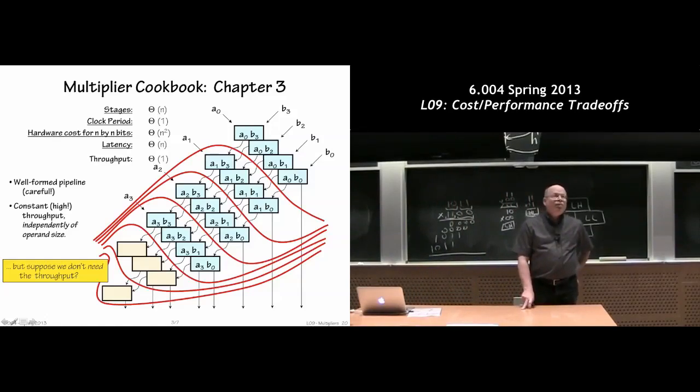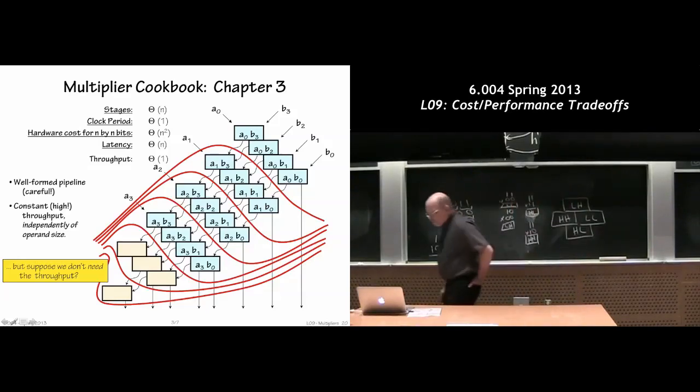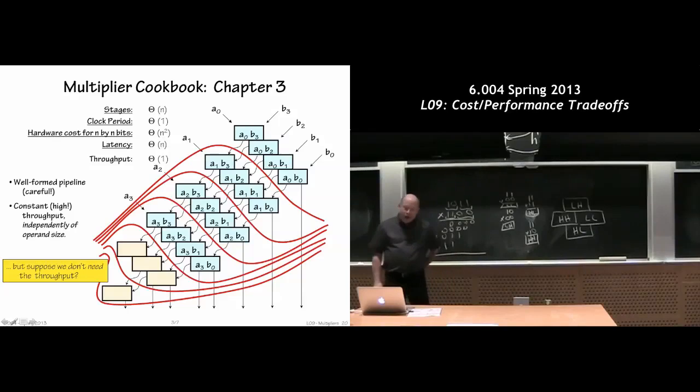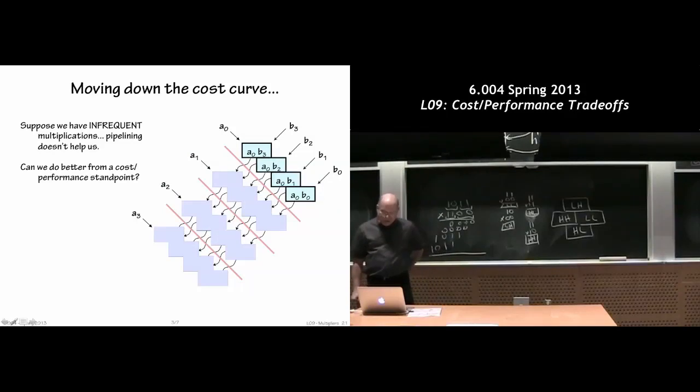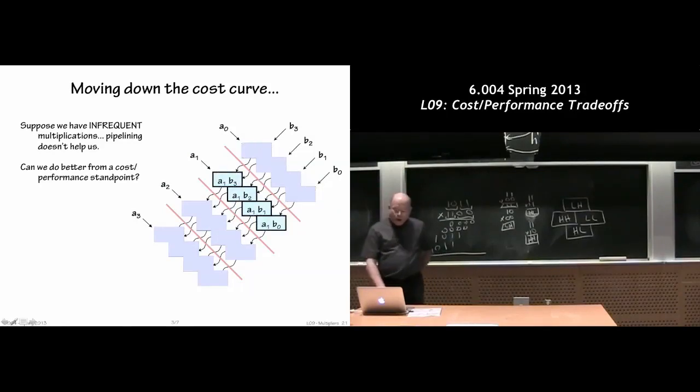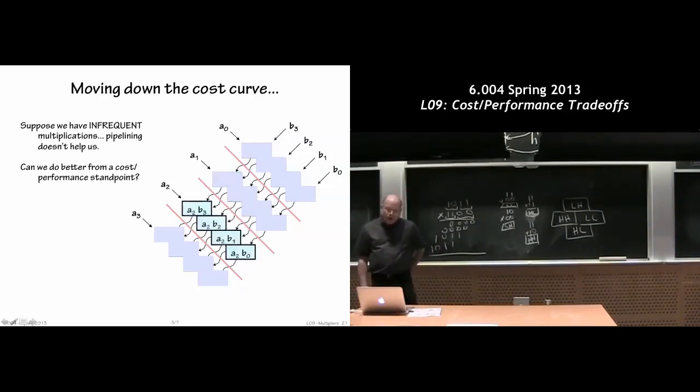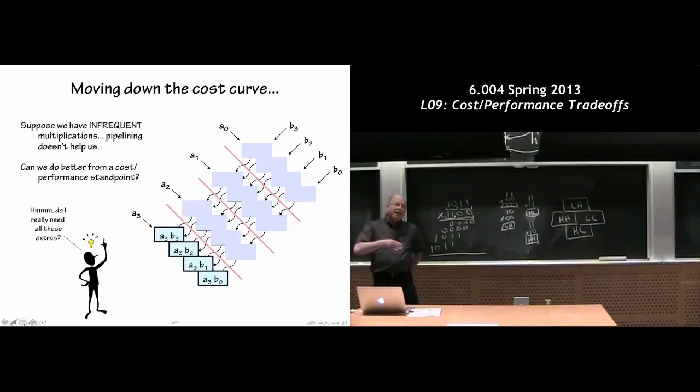Is there a way I can restructure this to somehow get a hardware multiplier that costs much less than n squared? Well, let's think about our problem. Here we have one diagonal that's busy computing A0 times all the B bits, and this diagonal is computing A1 times all the B bits, and taking the result from the previous diagonal and putting it together, and so forth and so on. Think about how the problem differs as I go from diagonal to diagonal to diagonal.